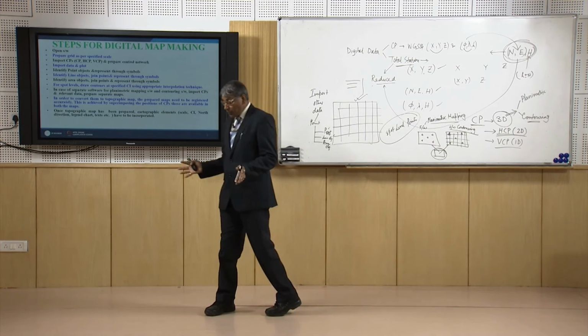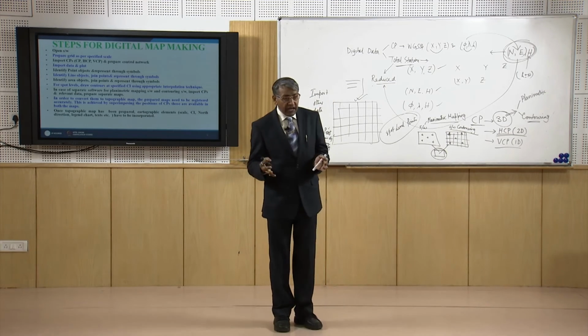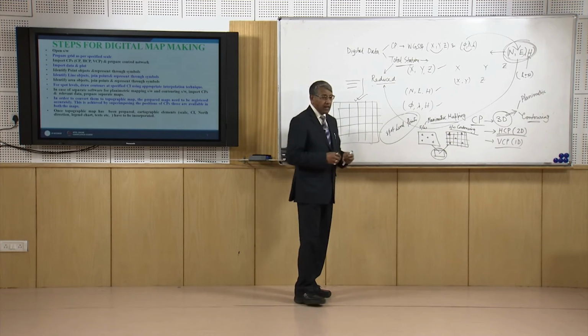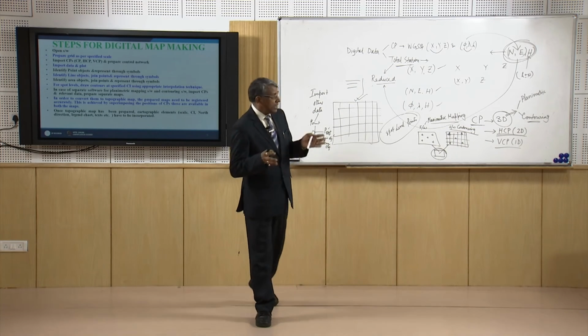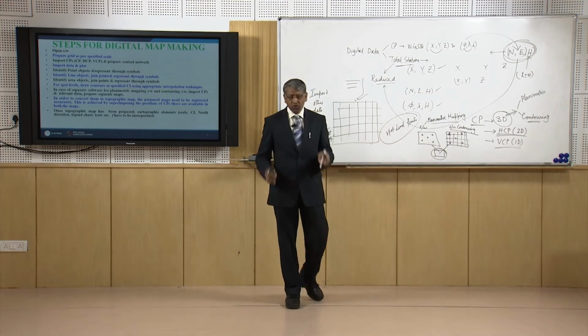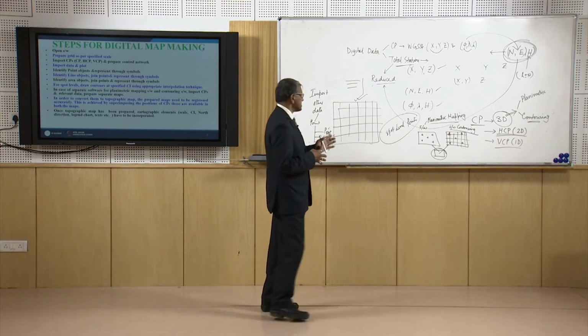Once we are satisfied with this representation, then we should go for further detailing of the map making, like providing many cartographic elements that are really important for map making. The most important element is the representation of the scale.